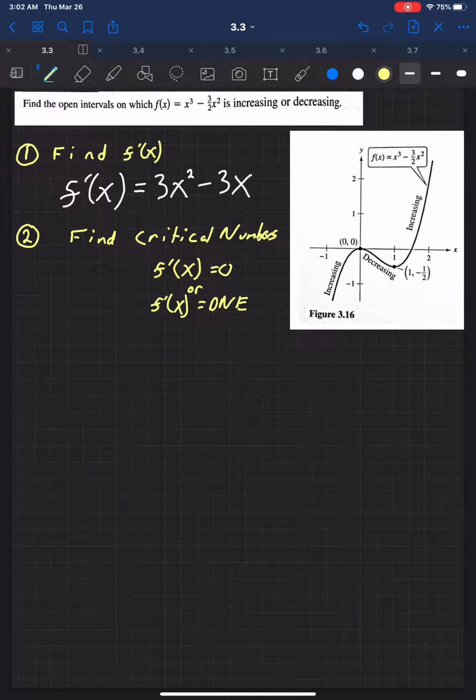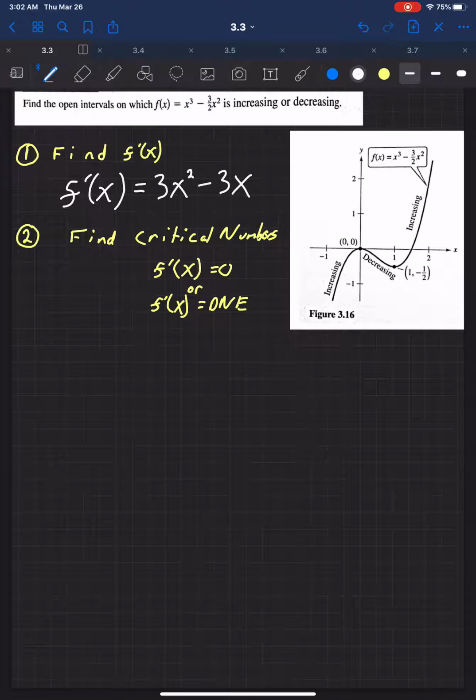Okay, so both of these conditions would produce critical numbers. Let's start with the second, because we're actually going to be able to rule out the second. So now, a derivative would not exist in a scenario where you're trying to divide by 0, correct?